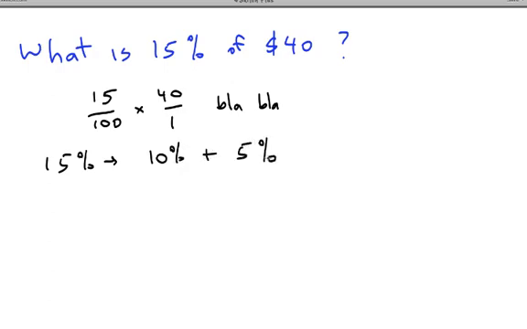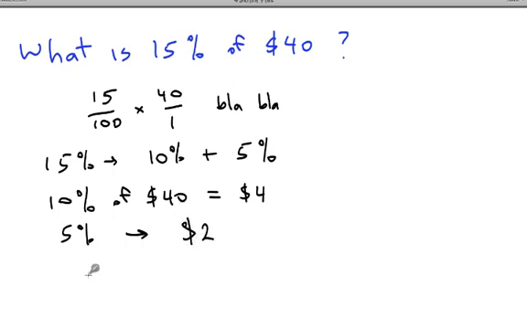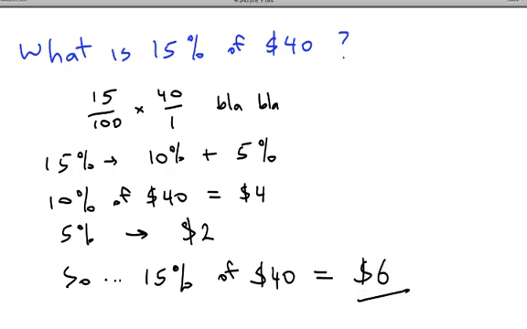Well, 10% is really easy to find. So 10% of 40 is 4. So 5% of $40 is 2. So 15% of $40 must be 4 plus 2, which is $6. That's how easy questions can be when using percentages.